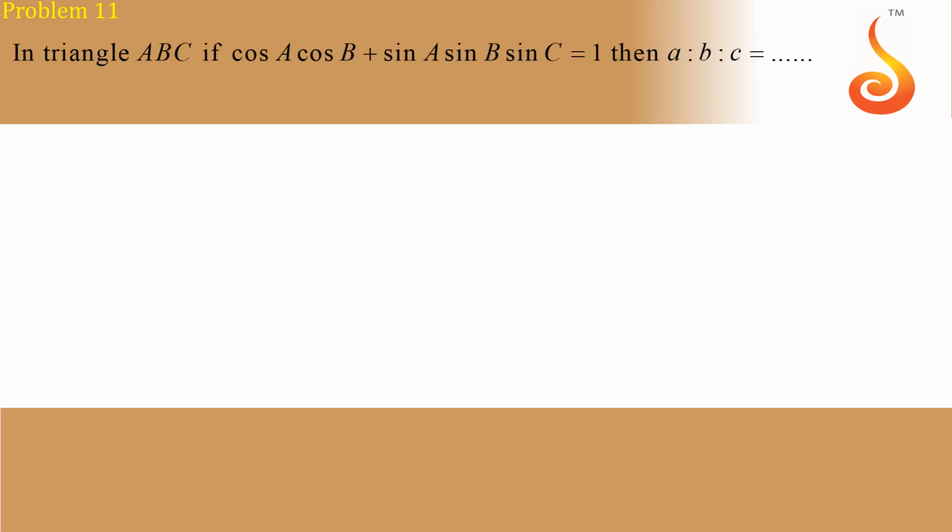Next problem. In triangle ABC, if cos A cos B plus sin A sin B sin C equals 1, then A is to B is to C equals dash. Now if you observe this given information, this cos A cos B I am writing. Suppose if I write cos of A minus B. What is the formula for cos of A minus B?